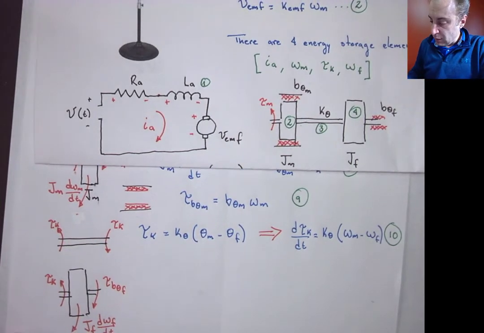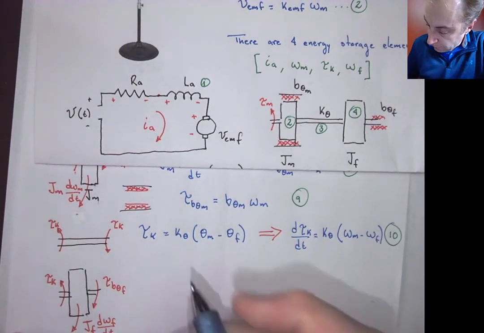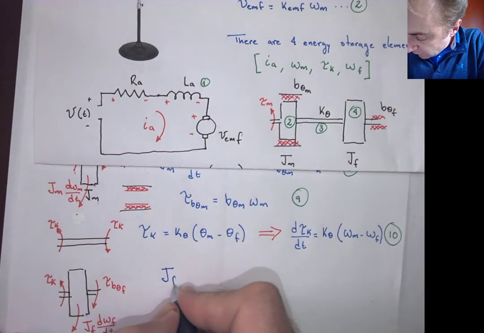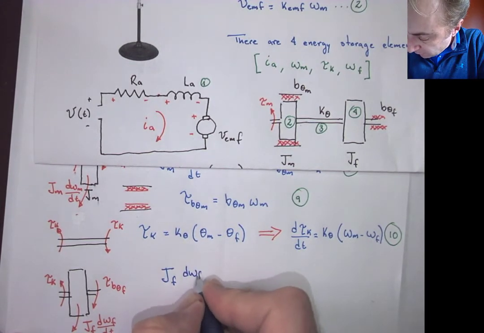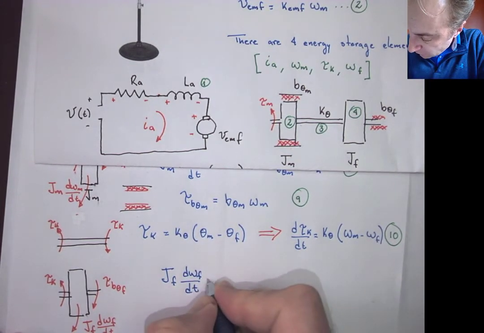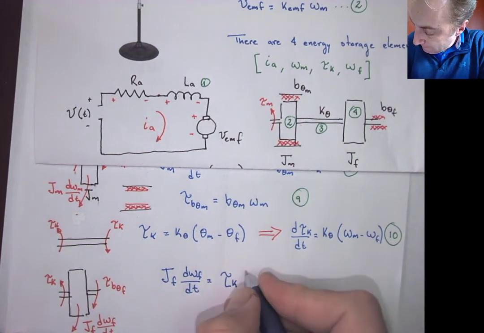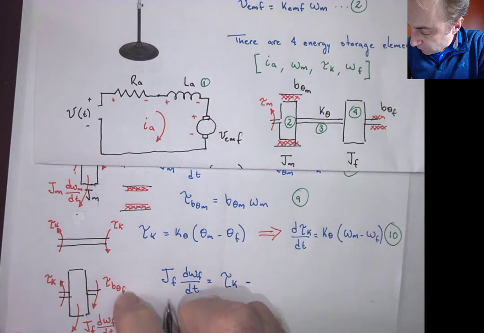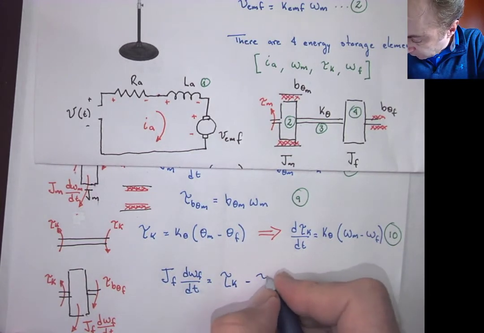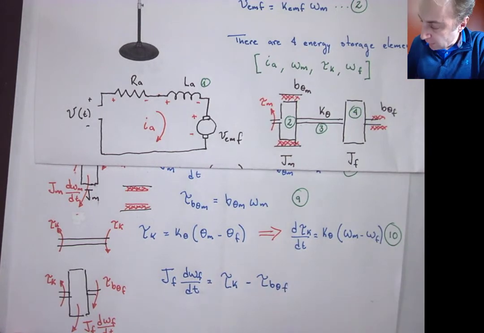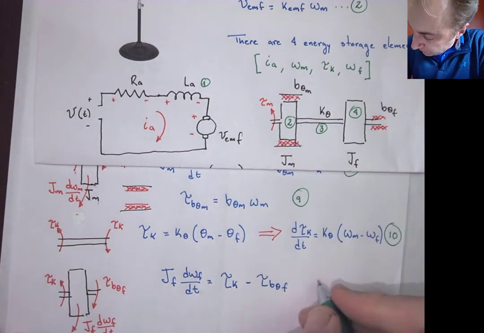So that leads to a constitutive equation of the form jf d omega f dt equals tau k minus the friction torque, and that is equation 11.